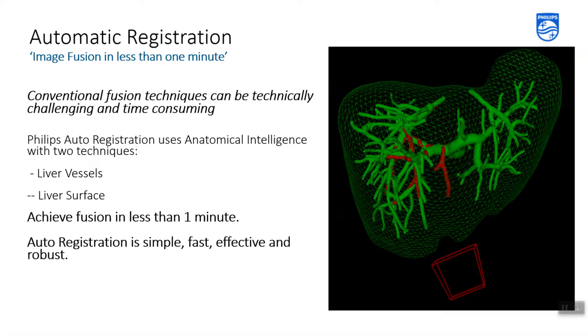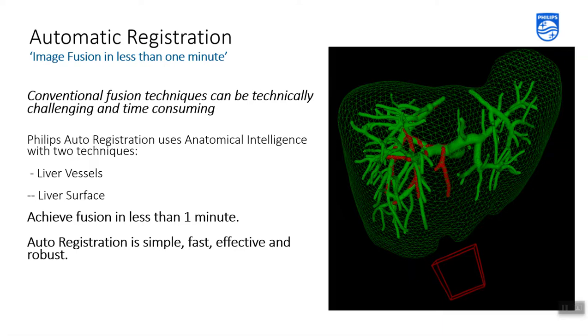The automatic CT ultrasound liver vessel registration first extracts the 3D vessel trees of the entire liver from the contrast CT data. Then an ultrasound sweep of the liver is acquired such that some liver vessels are captured in the sweep.